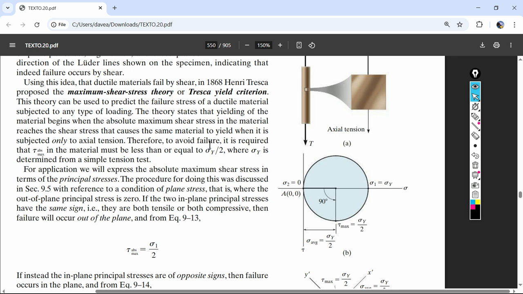And this tension divided by 2 is where the material starts to yield. Yielding is due to the 45-degree planes, due to the Luder lines, but those lines appear because of yielding. Those lines don't appear if you're in the linear zone.